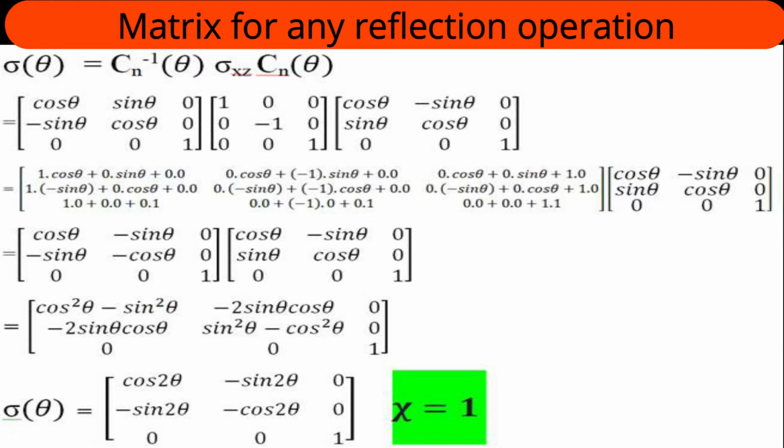For example, the Cn theta inverse matrix is cos theta sin theta 0, minus sin theta cos theta 0, 0 0 1, while the original matrix of Cn theta is cos theta minus sin theta 0, sin theta cos theta 0, 0 0 1. Check whether the rows are converted to columns. You will understand perfectly that the inverse is obtained by changing the rows into columns.